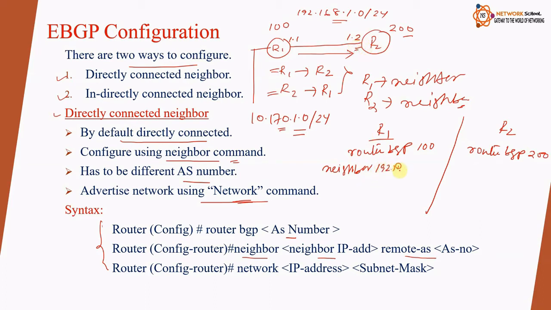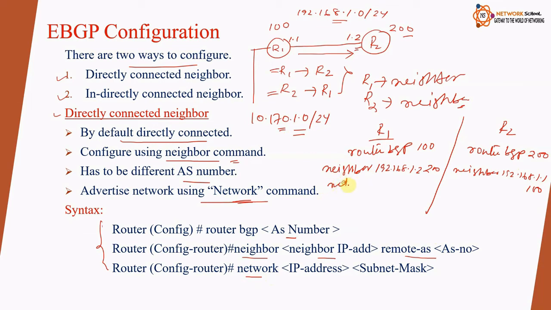So 192.168.1.2, and then we use the remote AS number, which means the R2 AS number, which is 200. The same case here: we go to R2, use neighbor 192.168.1.1, and then the remote AS should be 100. As I said, if we would like to advertise something from R1 to R2 or any other neighbor, we use the network command.